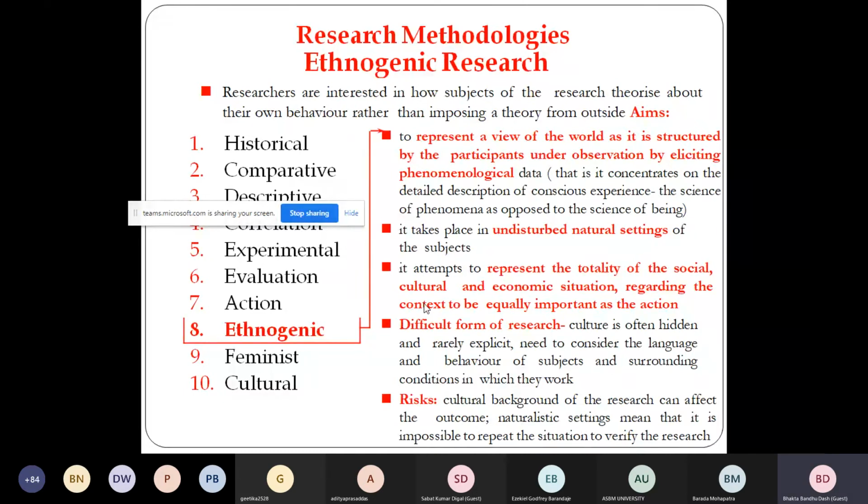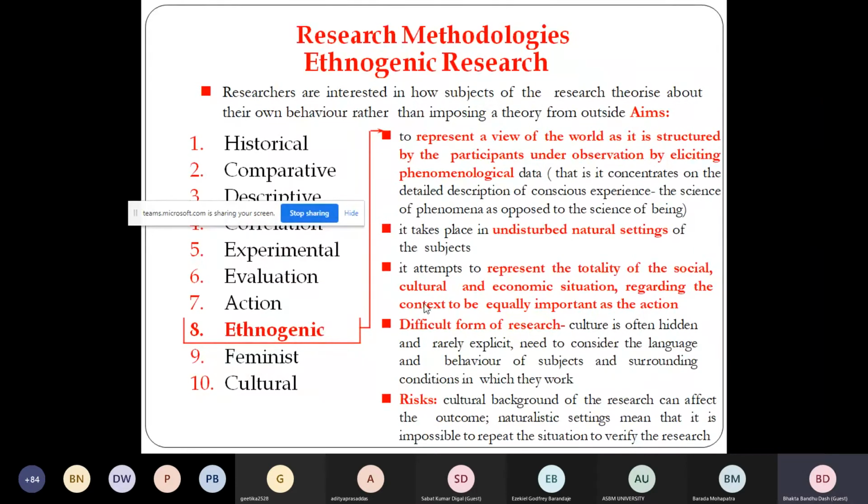It represents the totality of the social, cultural, economic situation regarding the context, to be equally important as the action. But one thing I am telling you, if you talk about ethnographic research, it is really a difficult form of research.